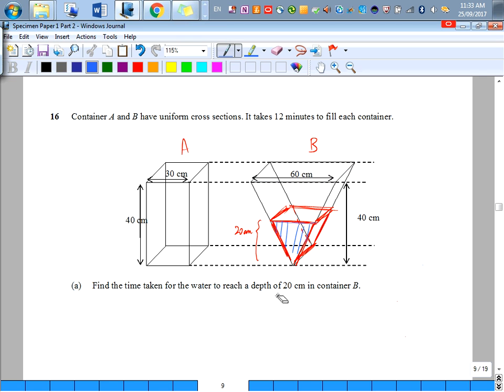Okay, so how to do the working? We need to make use of the relationship of these two areas, the small triangle and the big triangle. What is the time taken for the entire container to be filled up? 12 minutes for the entire container. Then, what about for this little triangle at the bottom?